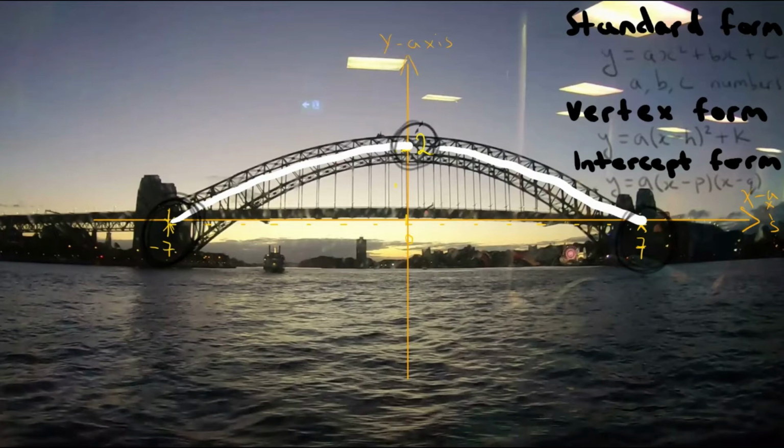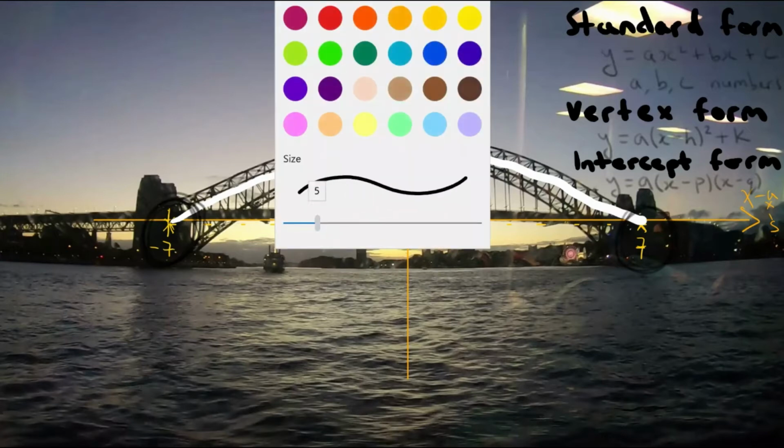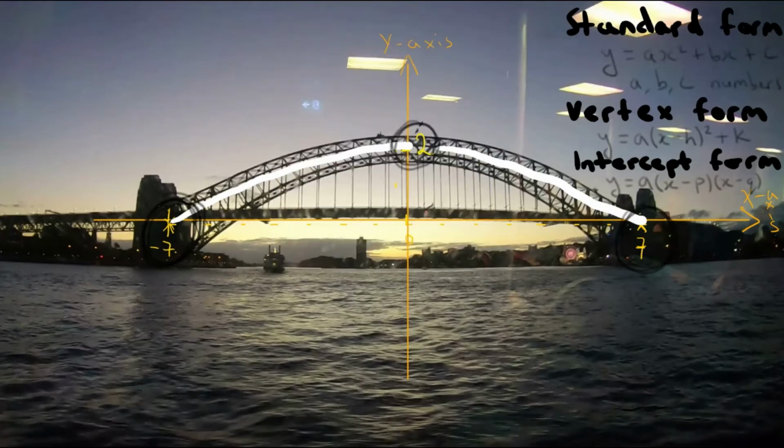So taking the standard form, if I rewrite it, make this slightly smaller, we have y is equal to ax squared plus bx plus c. Now we're going to directly substitute each of the points that we know into this equation.